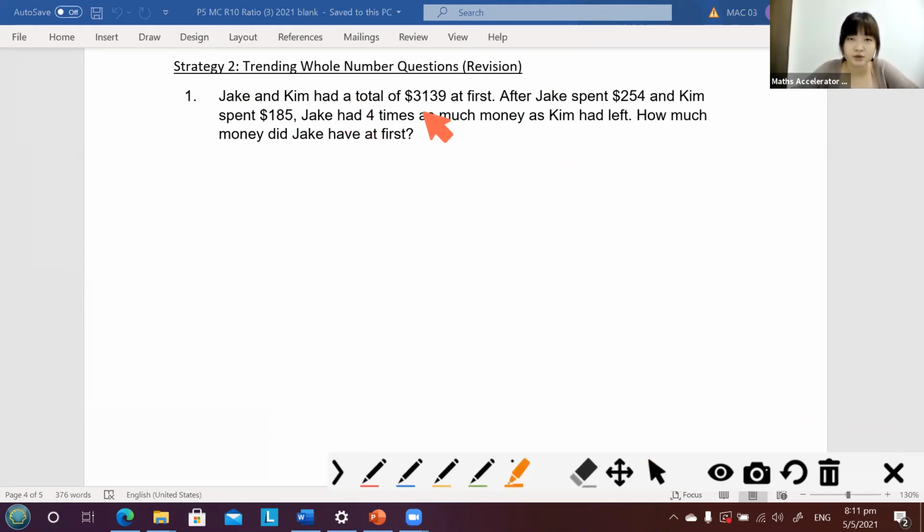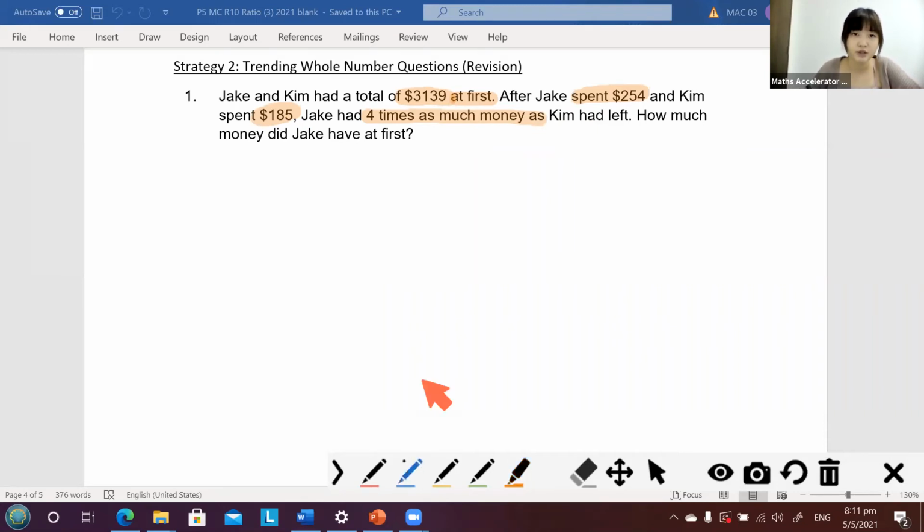Jake and Kim had a total of $3,139 at first. After Jake spent $254 and Kim spent $185, Jake had 4 times as much money as Kim had left. How much money did Jake have at first?